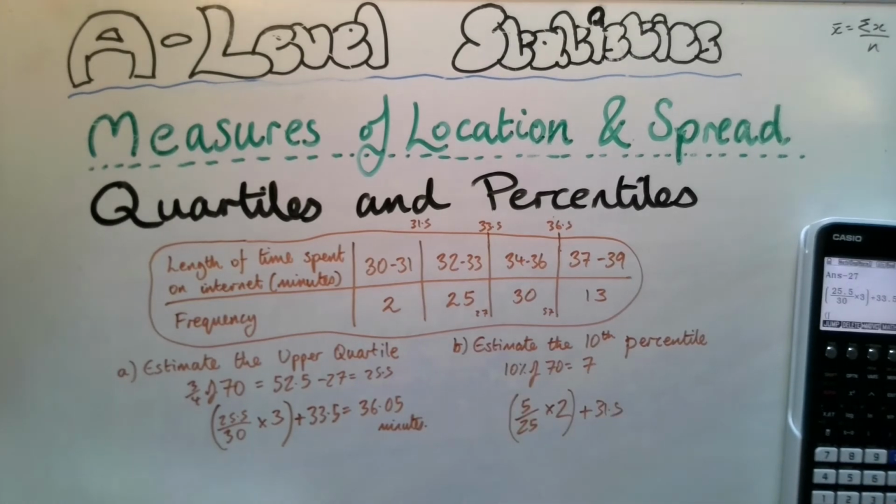So I'm not going to try and be too clever, even though I was sort of working out as I went there. I'm just going to whack it all in there and see what that comes out with. And it comes out with 31.9 minutes. And that's our 10th percentile.